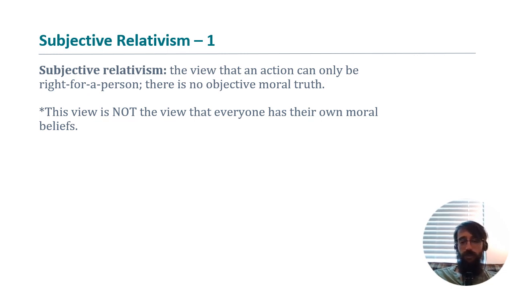Everybody knows, every reasonable person, I should say, knows that everyone has their own moral beliefs. Subjective relativism says that in addition to that obvious fact, everyone has their own moral beliefs, guess what? Truth in morality is relative to what you think. Right? Nobody is really right or wrong when it comes to the morals that they have. Everyone just has different morals.